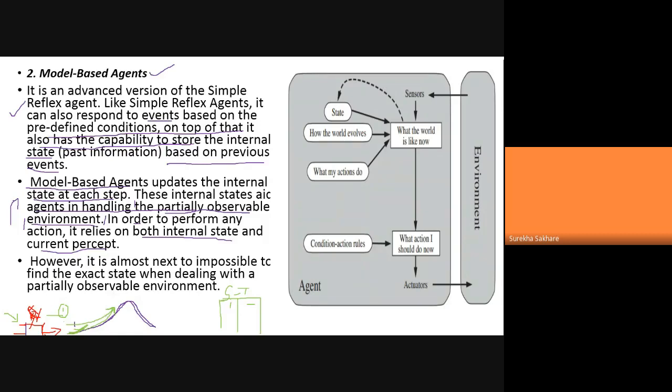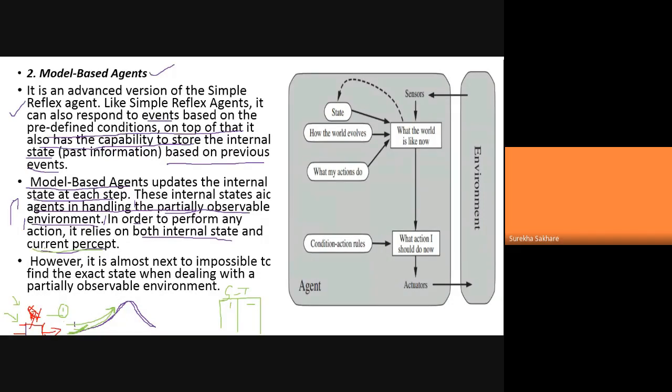So if this is explained to it already, then it is going to do the job it has been designed for. The current percept is inclination. Current percept means now it has got the information that the land is inclined or rough.